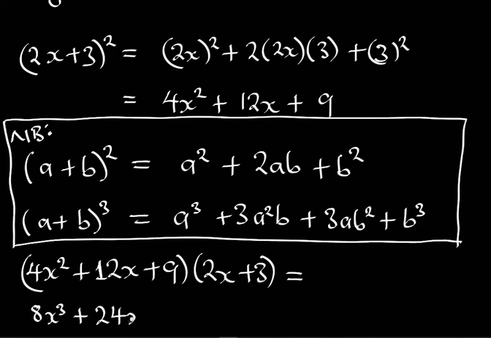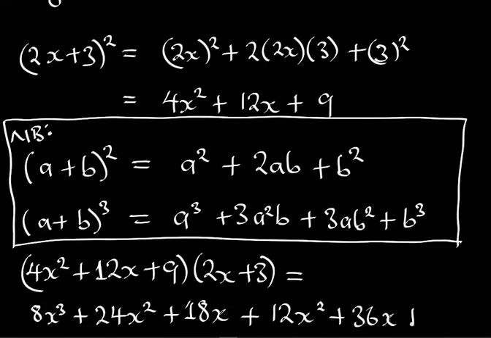Here we're going to have 24x squared plus 18x. We do the same with the 3. 3 multiplied by each of the terms there, we're going to have 12x squared plus 36x plus 27.